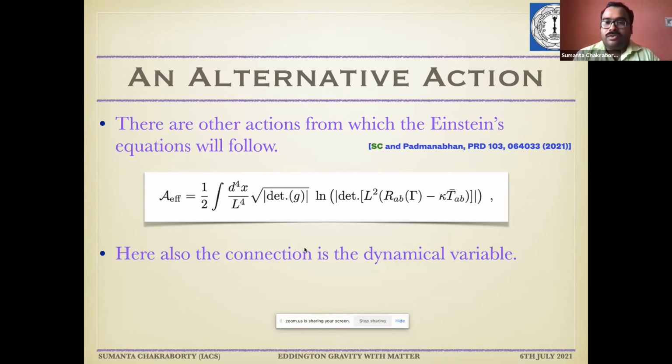And if you follow the same path where you vary the action with respect to gamma, and then you set the boundary term to 0, and then you get the field equation, you will see that it leads exactly to the same Einstein's equation, and the matter field equations will certainly follow from there. It turns out that this particular action principle can actually be derived from a path integral prescription.